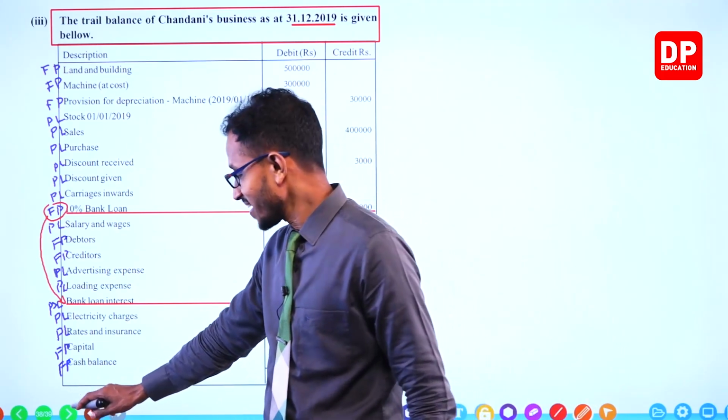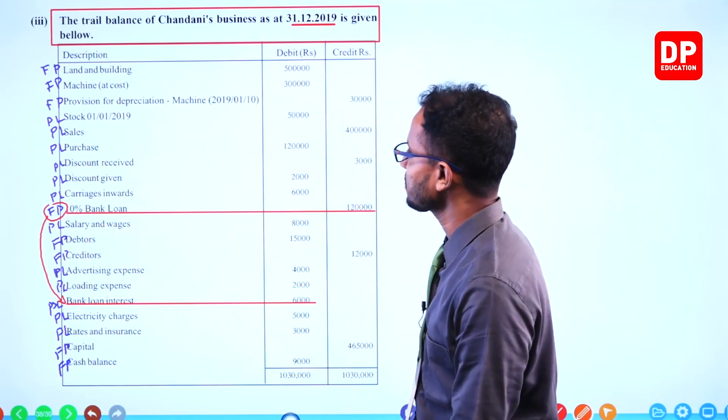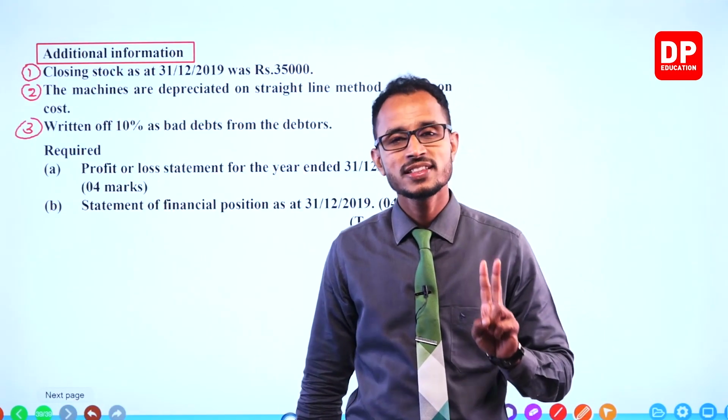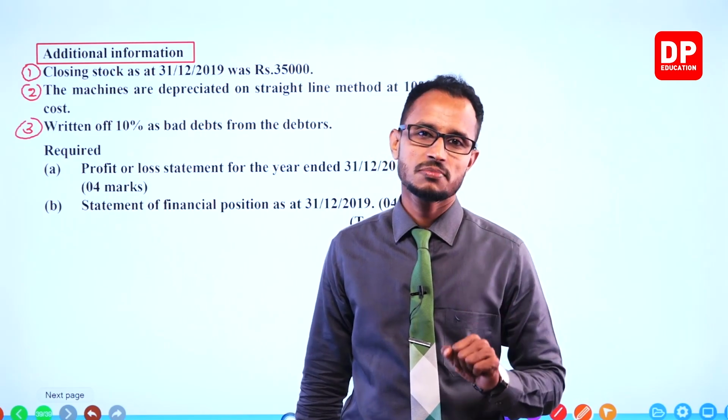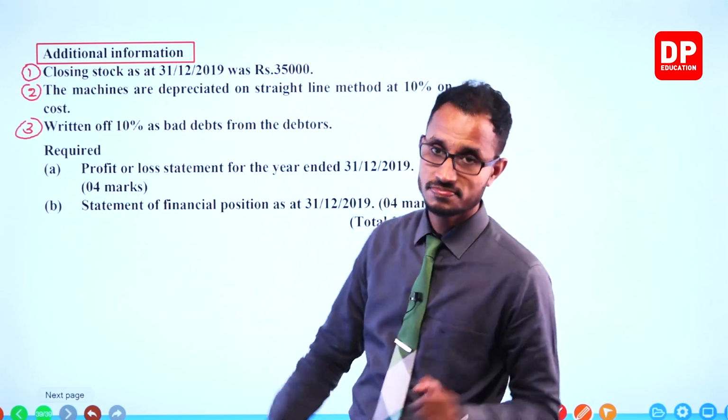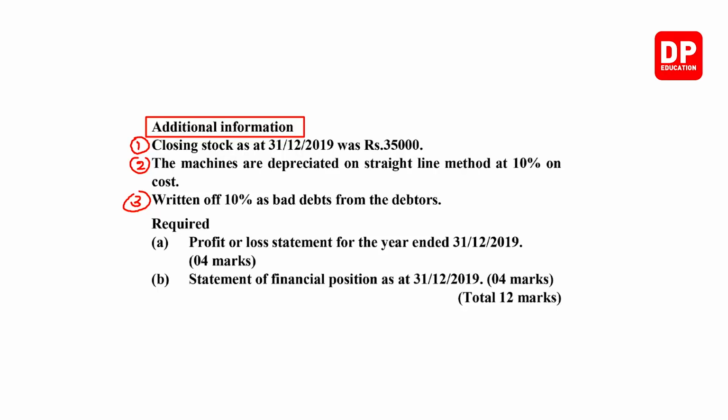Now the next step, the second step, is drawing the statements. You should draw the statement formats. Let's take a blank page.